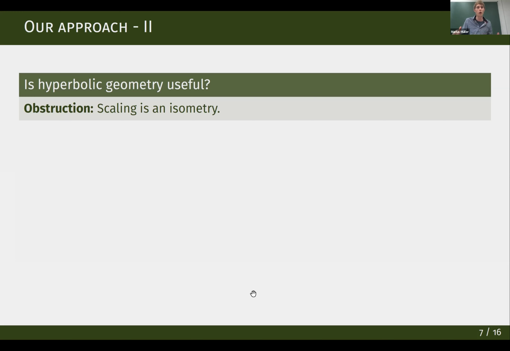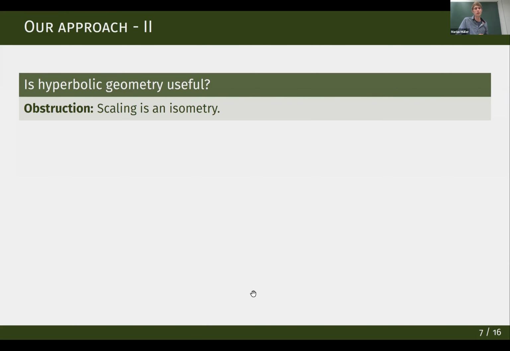The hyperbolic geometry will not be able to monitor the scaling that the flow performs. So it could be that the flow shrinks something very heavily, and the hyperbolic geometry will not see it, because scaling is an isometry.